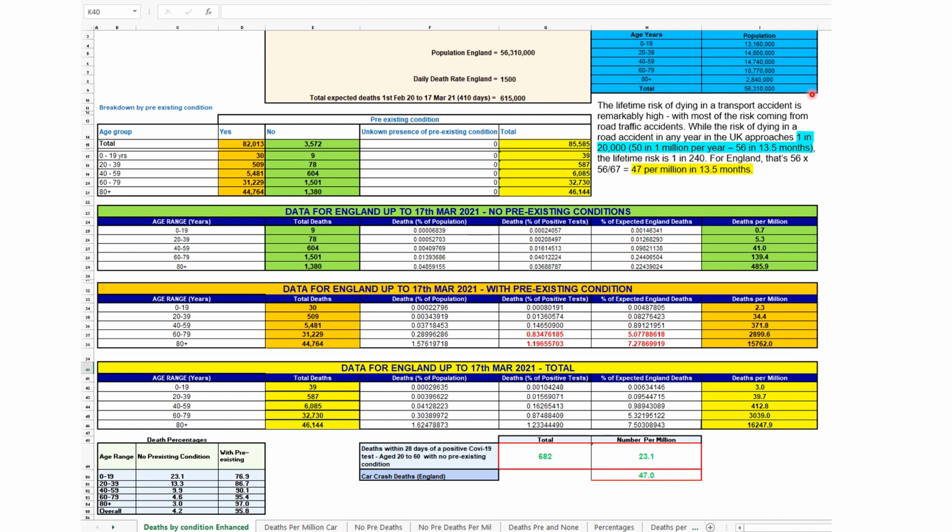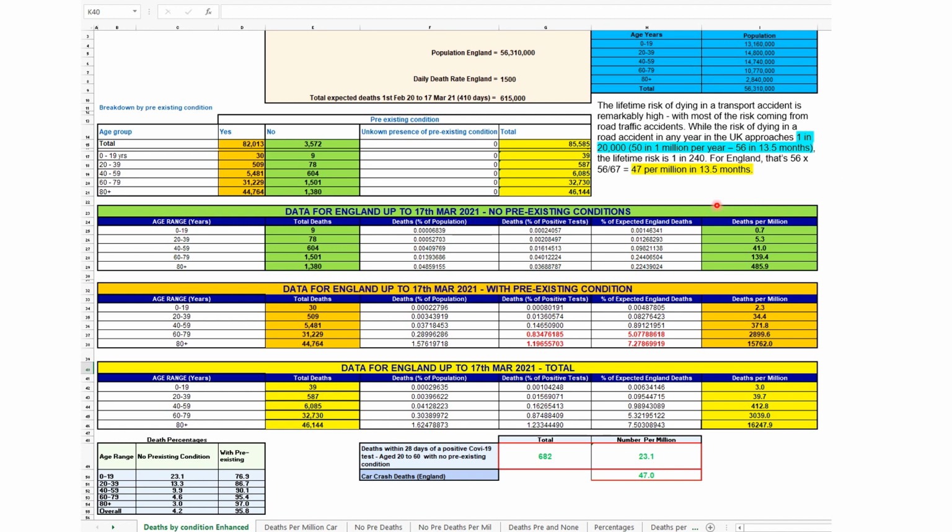I've also looked at lifetime risk and yearly risks of dying in a car crash. And basically for England, to give a reference to this, there's 56 in a million, because we've been going now with the COVID for 13 and a half months since the first case in February 2020.